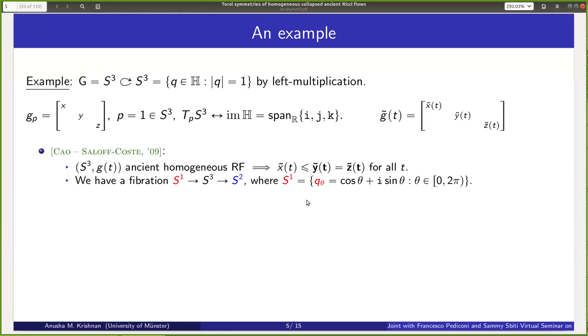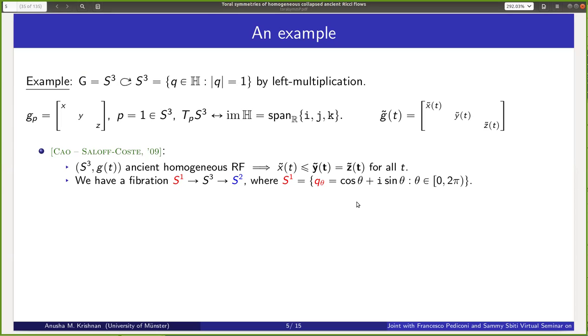To state that more, I should remind you that we have a fibration like this. S3 fibers over the two sphere with circle fibers, where you can take this circle of the unit quaternion spanned by 1 and I. And more in their result says that if the smallest eigenvalue is also equal, so if all three eigenvalues are equal, that's the round metric on the three sphere, and we know how the round metric evolves.